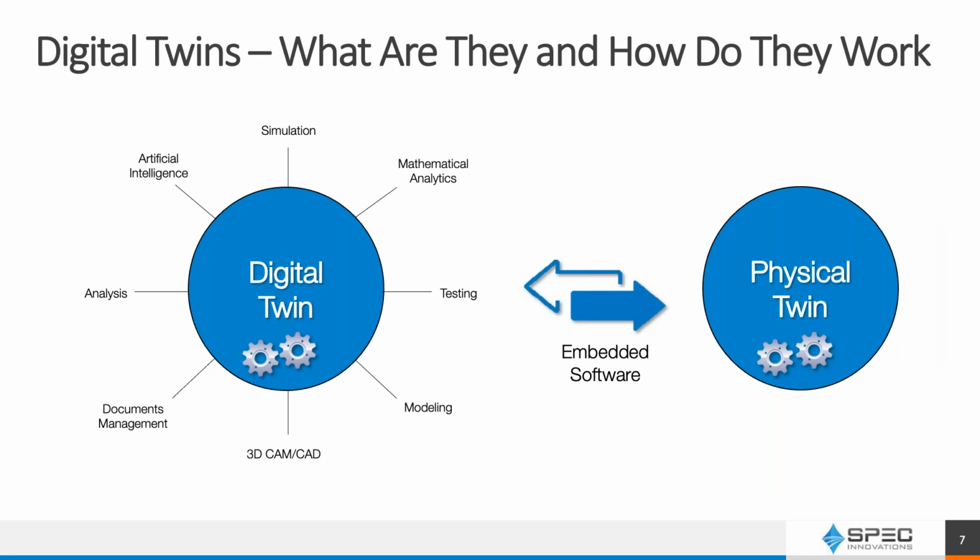So digital twins, what are they and how do they work? Essentially with digital twins, we have the physical architecture or the physical piece of equipment, and they are essentially identical, and that's why they typically call them digital twins. And so in our tools, we use the data and the modeling aspects to create that digital twin with some embedded software in order to create a physical aspect of what we're trying to design.